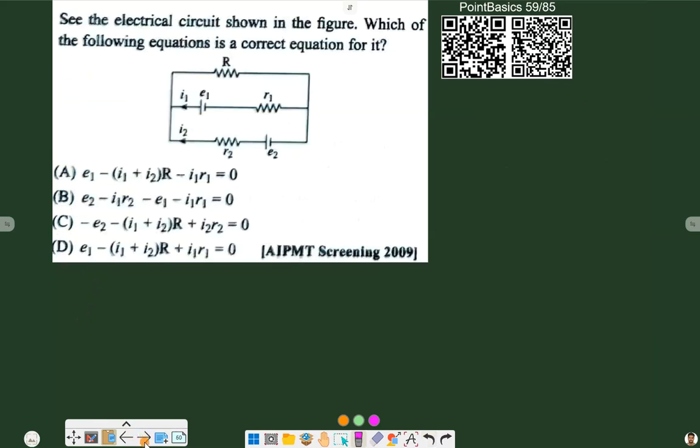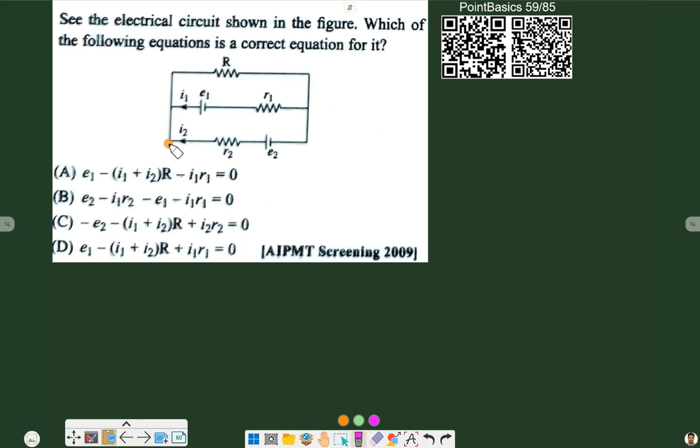Moving to the next one. See the electrical circuit shown in the figure. Which of the following equations are correct for this one? Here we have 3 loops.